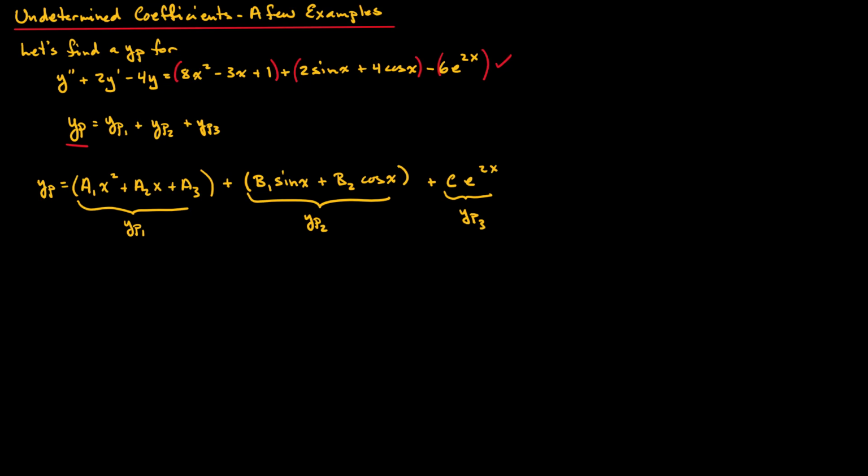So what we're going to do is substitute each particular solution into the ODE, and find the undetermined coefficients. Let's start with yp1. For yp1, we will need its derivatives.